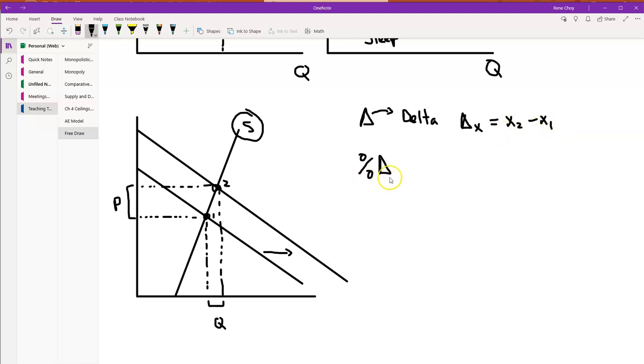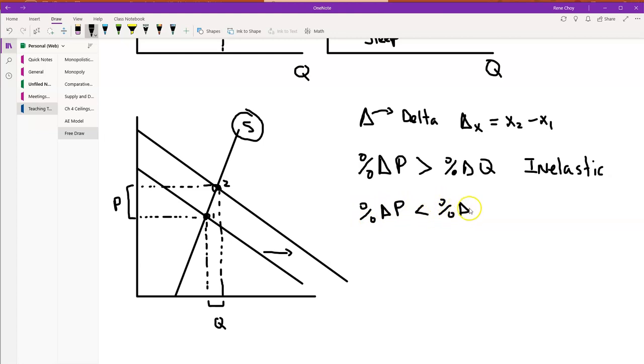So the percentage change in price is greater than the percentage change in quantity, is another way to describe what an inelastic line is, or what an inelastic product is. For a more elastic product, the percentage change in price will be less than the percentage change in quantity. And again, this will be more elastic.